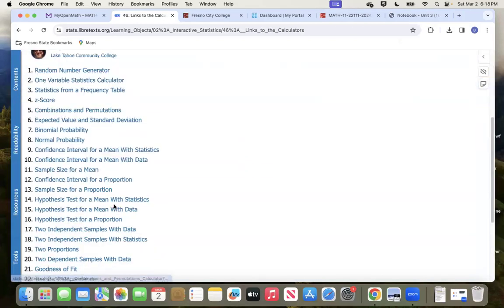We're going to come down here and go to confidence interval for a mean with statistics. That's the one we want, not for a mean with data, because there was not a list of data. It's not the one that says confidence interval for proportion. They didn't mention proportion or percentage. They said average, which is mean. So that's the one we want, confidence interval for a mean with statistics.